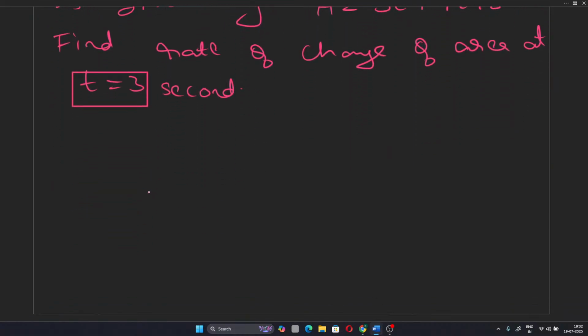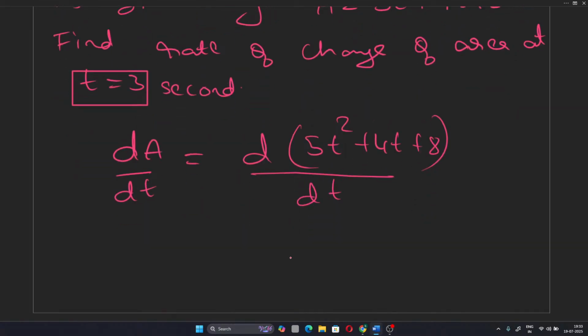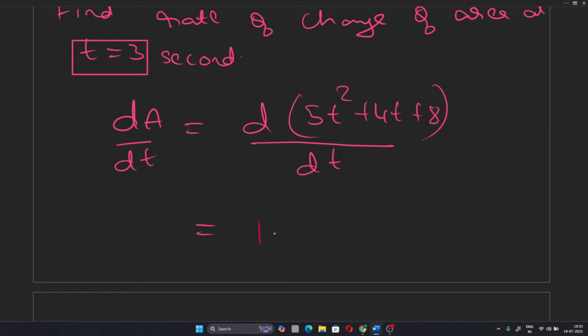This is a kind of easy differentiation question. We should find dA by dt, which equals d of 5t square plus 4t plus 8 by dt, which we will get as 10t plus 4.